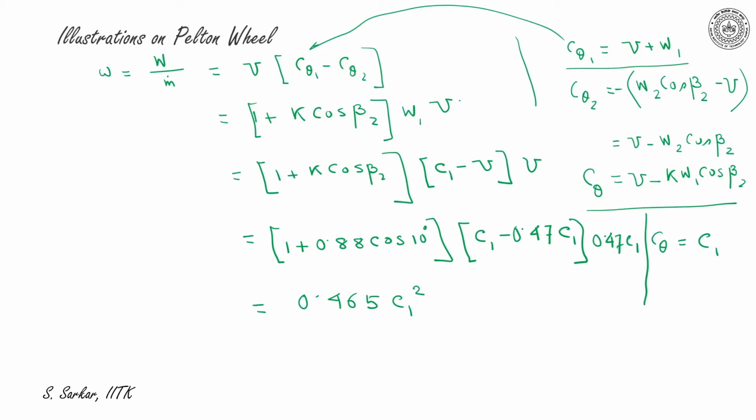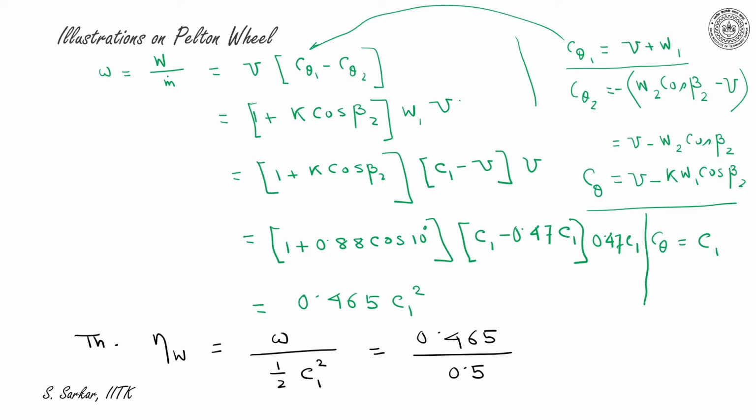Now the theoretical eta W would be equal to small w divided by half C1 squared. So it can be 0.465 divided by 0.5.